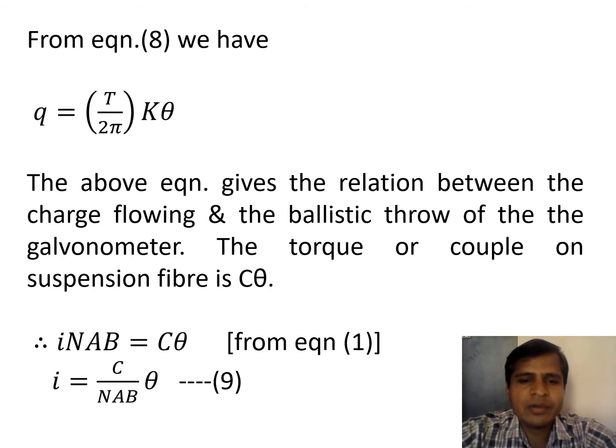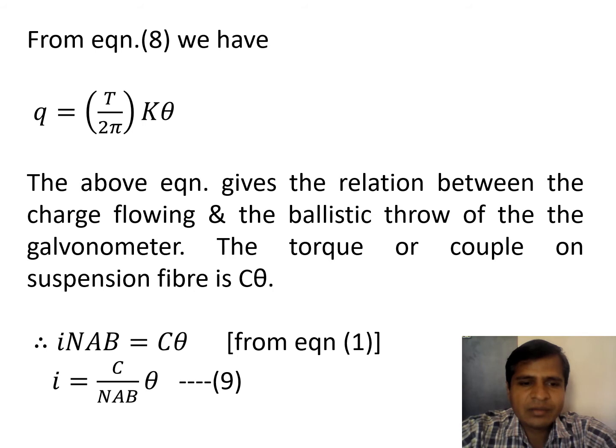So from equation 1, from the previous session, we have I n A B equal to C theta, where I is the current, n is the total number of turns of the coil, A is the area of the coil and B is the magnitude of the external field. C is the couple per unit twist and theta is the ballistic throw.